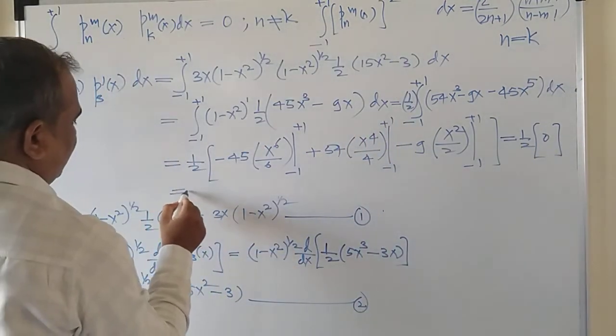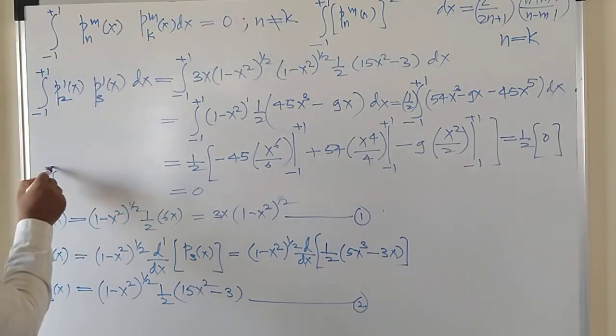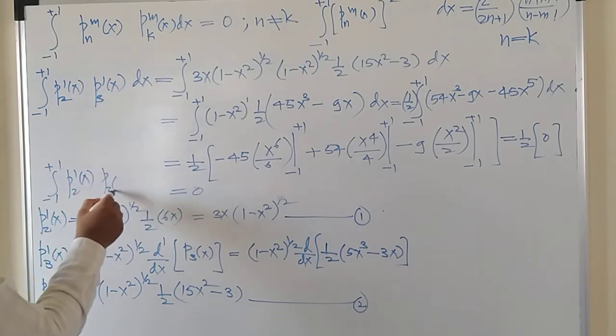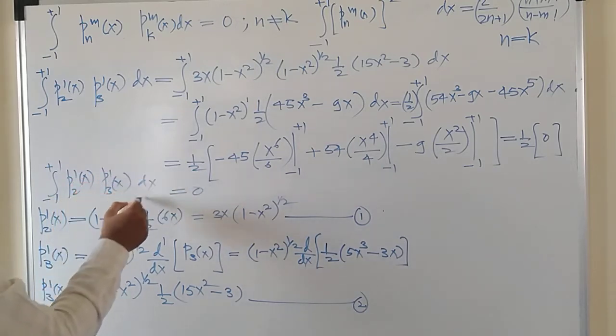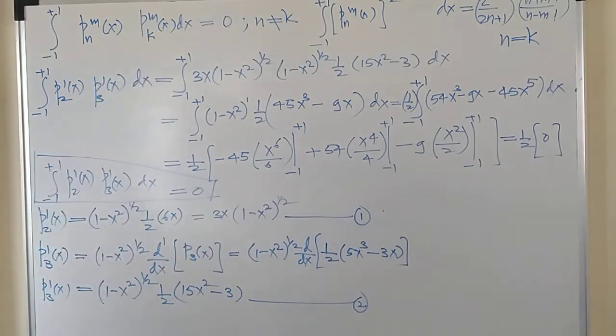That means this is equal to 0, which proves the first property, integral from -1 to +1, P2 1 of x into P3 1 of x into dx is equal to 0. This proved the first property.